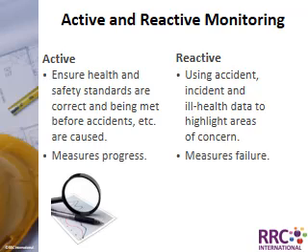In all workplaces, both types of monitoring are useful. The monitoring should be a line management function, but remember that the senior management has the responsibility for ensuring the effective health and safety performance monitoring systems are in place.